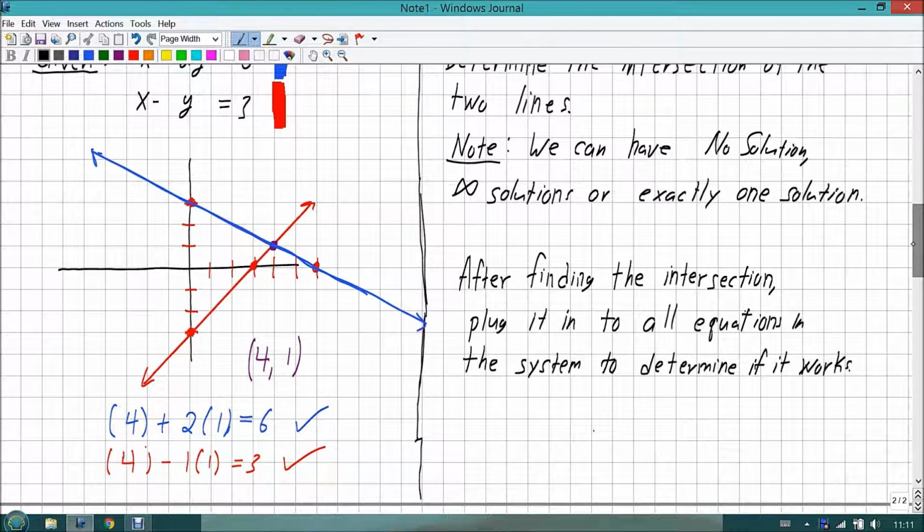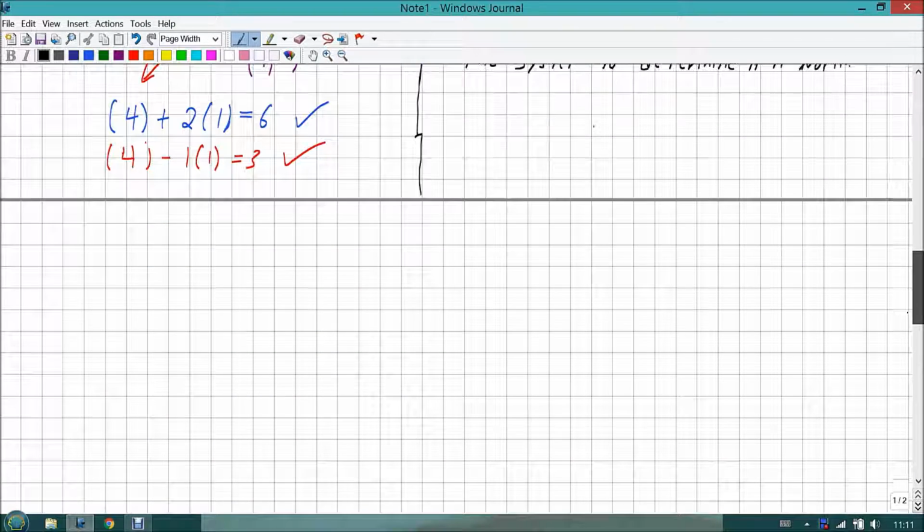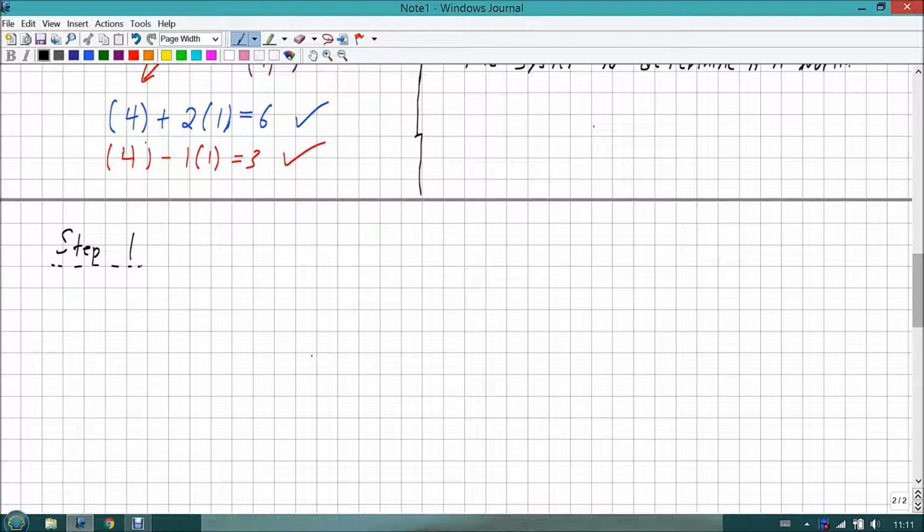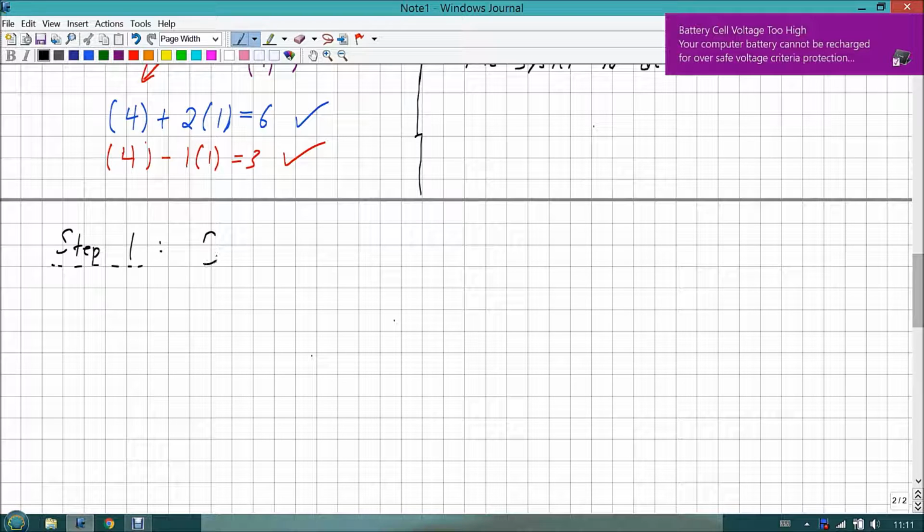Okay. Anyway, we determined that 4, 1 was our solution. We double-checked it by plugging it into the equation. We're done. And that's basically what the graphing method is all about. To use the graphing method, it's 3 simple steps. Step 1, graph the equations.